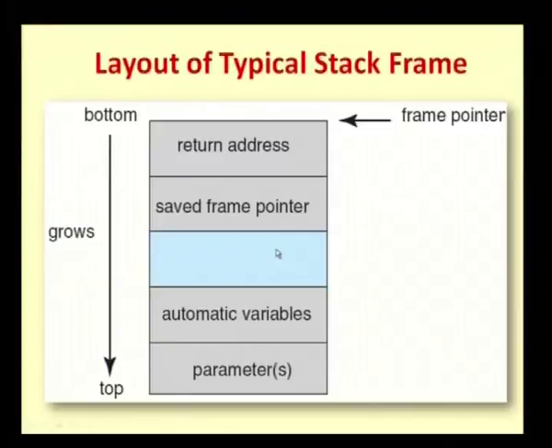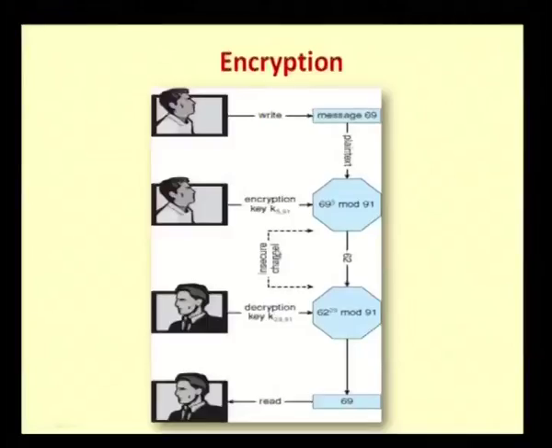Now, let us see what encryption is. What is encryption and what is decryption? Supposing we are going to make a communication between the users, that is a sender and a receiver. When you are going to make a communication, you check whether someone is trying to hack all your information.